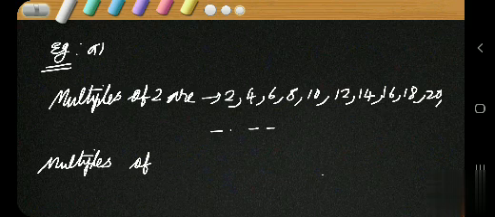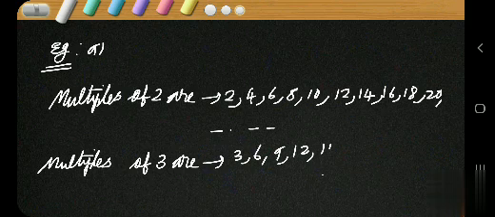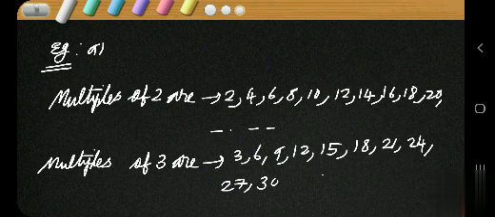Multiples of 3 are, which are the multiples of 3? 3, 6, 9, 12, 15, 18, 21, 24, 27, 30, 33, etc. It goes on like this, isn't it?